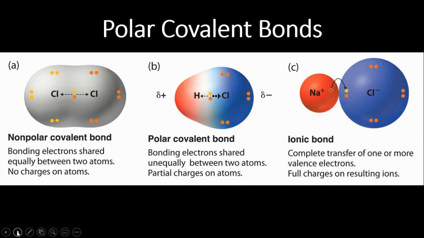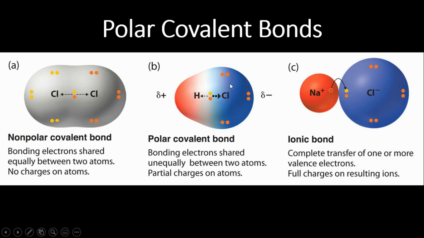Let's look at another example here. So we have nonpolar covalent, polar covalent, and ionic bonds. So nonpolar, again, the atoms are the same atoms and they're going to share equally. But again, they don't always have to be the same element.